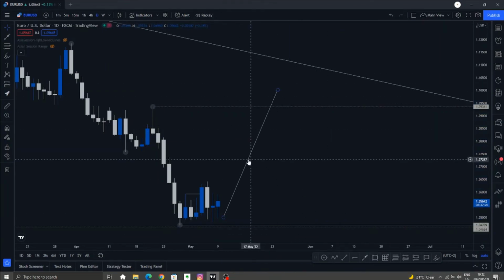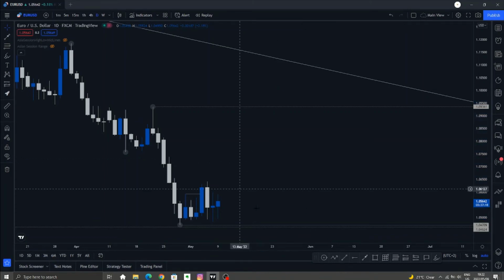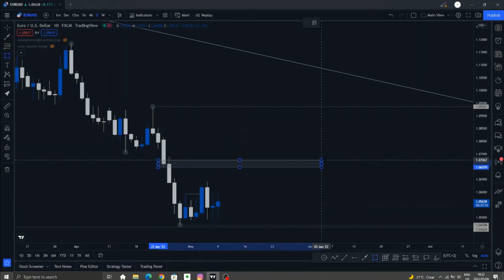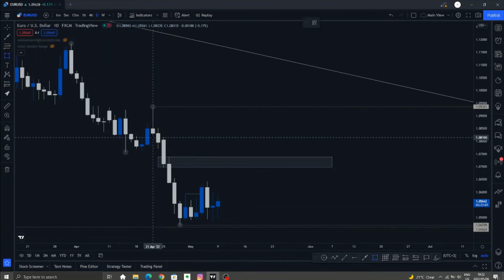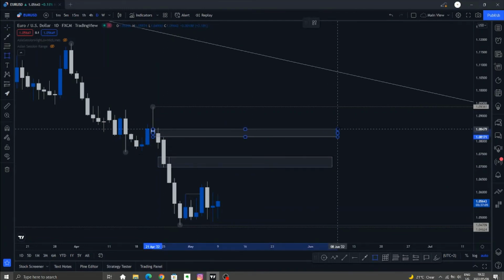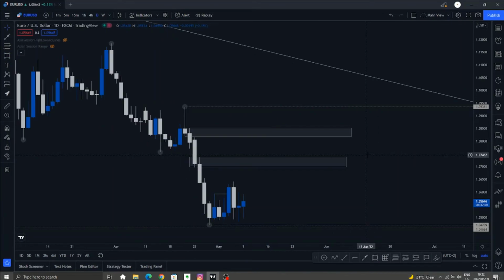So where do we expect this potential bullish pullback to stall? Well, we've got a supply area in here, and then we've got another supply area in here. Now we'll drop down to the 4-hour chart to refine these zones a little bit more.